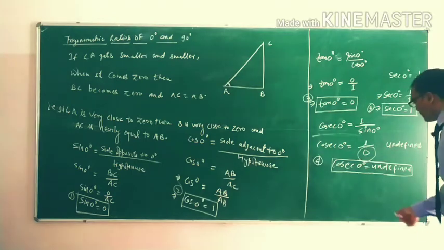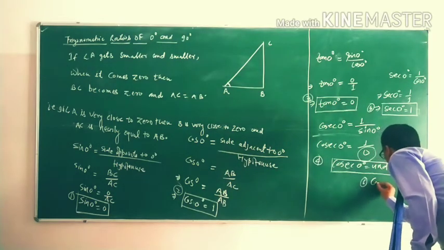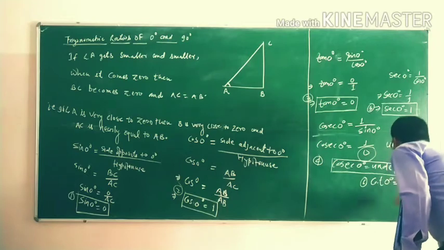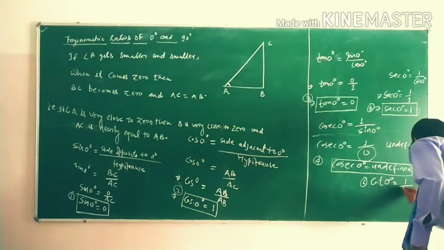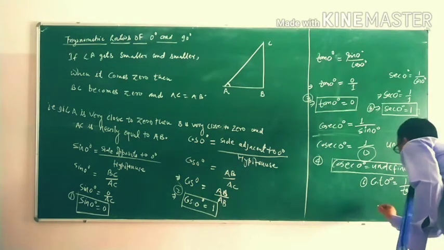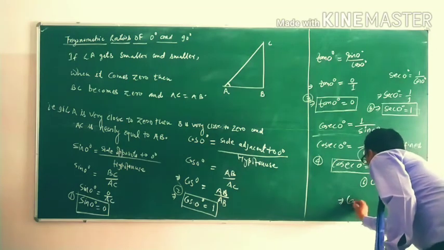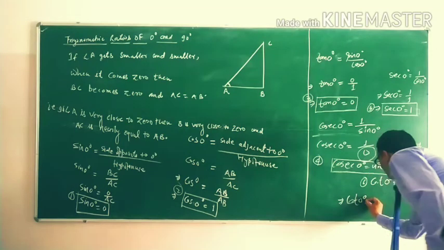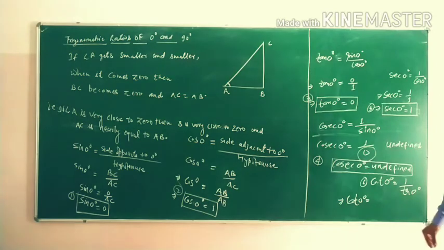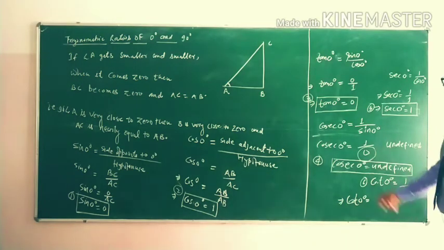And last, we find the value of cot 0 degree. Cot 0 degree is 1 upon tan 0 degree. What is the value of tan 0? Tan 0 is 0.